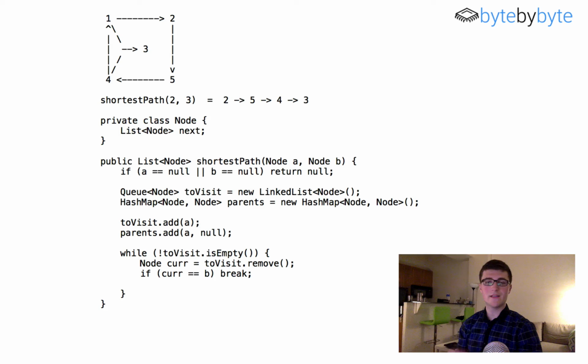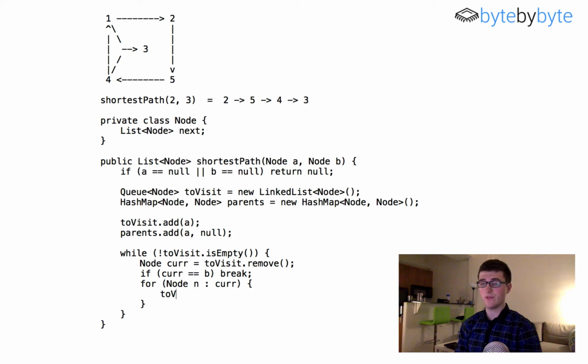And otherwise, we want to add all of the children of cur to our queue. And then we also want to add the parent to our hash map. So we're going to say for node n in cur, we are going to just add them.